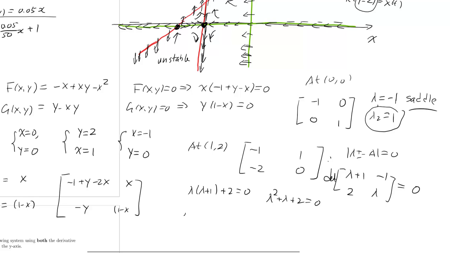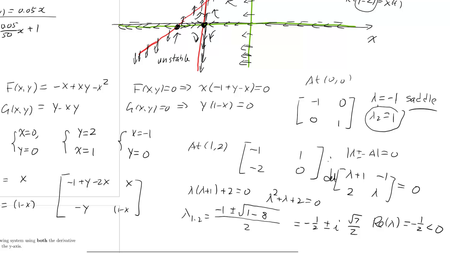We can use a formula to solve it. Lambda 1, 2 is negative b plus or minus the square root of b squared minus 4ac, that's negative 7, divided by 2. So we see we have negative 1/2 plus or minus i times square root of 7 over 2. And the real part of the lambda is equal to negative 1/2, which is less than 0.